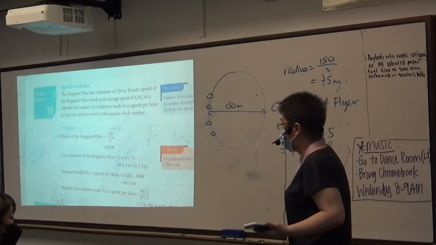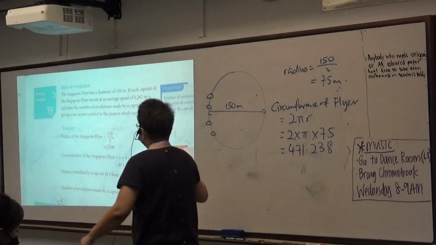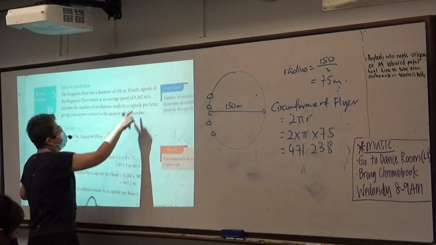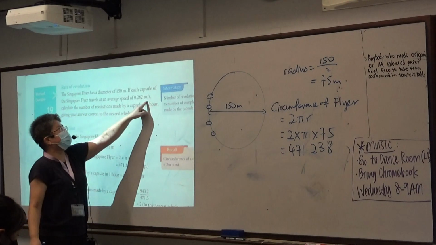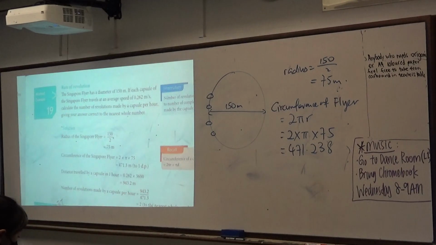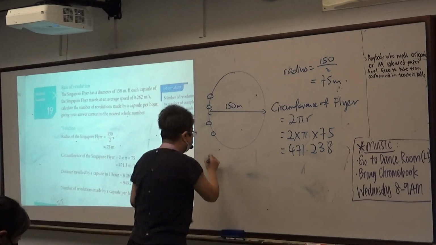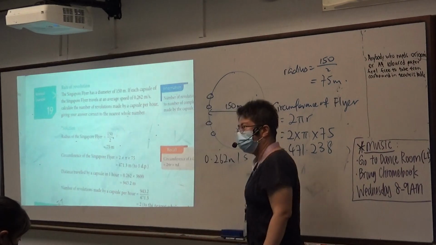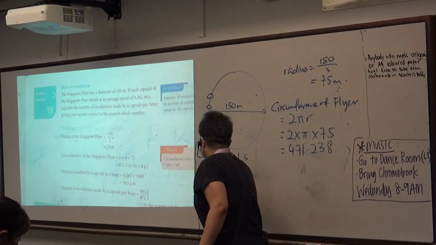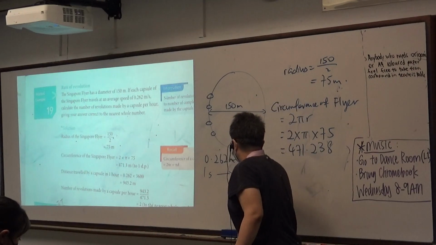Okay, now next. What do we look at? If each capsule of the flyer travels at an average speed of 0.262 meter per second. So what do we mean by that? What does 0.262 meter per second mean? In 1 second it travels 0.262 meters, right?